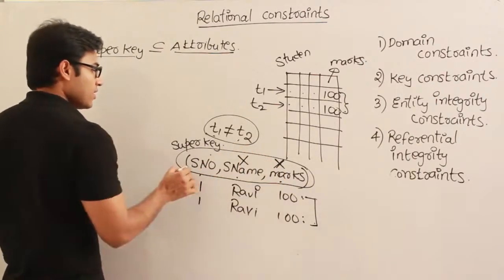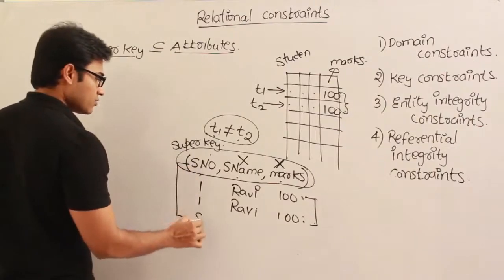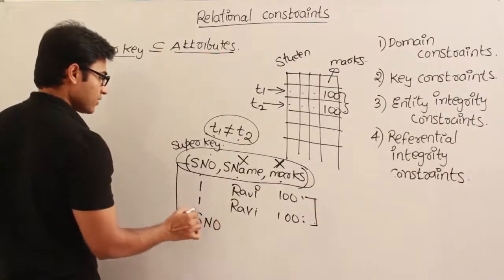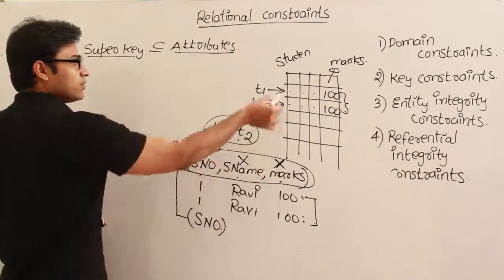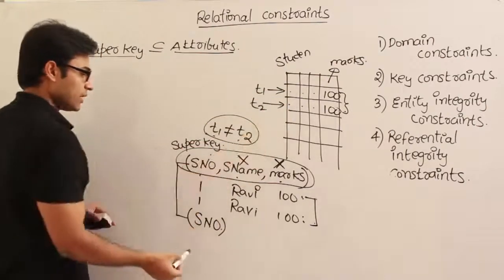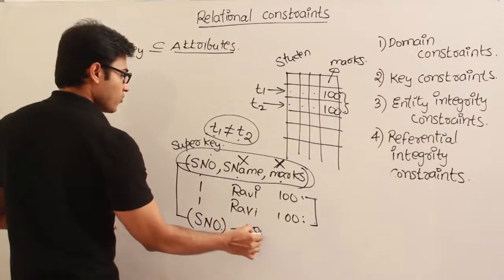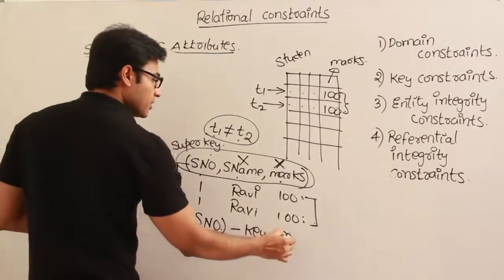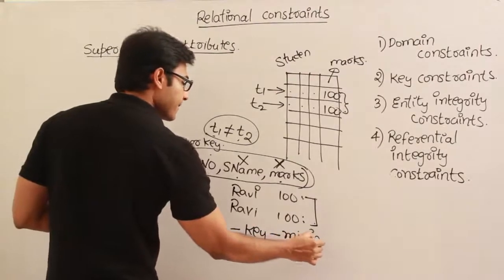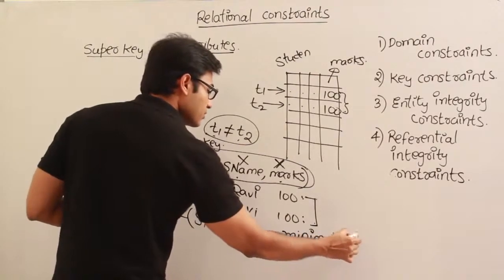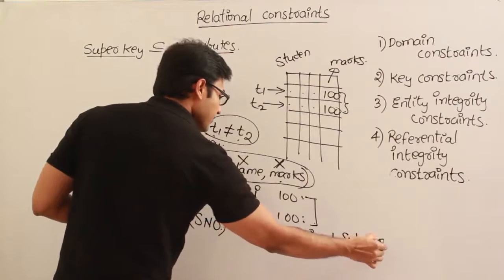You can even use the student number itself to identify a tuple uniquely in the table. In such a case, this is called a key, right? Any minimal super key is a key.